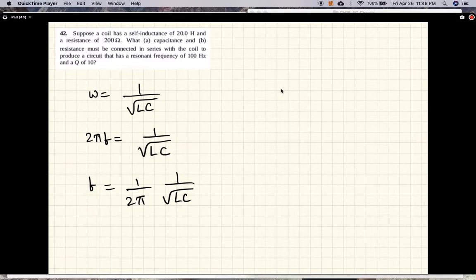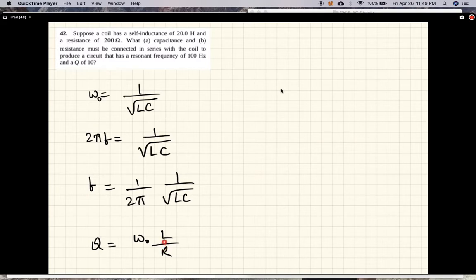We also want the quality factor, which is given by omega naught, the resonance frequency, times L divided by R. So you can see that in this equation, since we know what we want for the resonant frequency, and we know L, this tells us what the value of the resistance should be in the circuit.